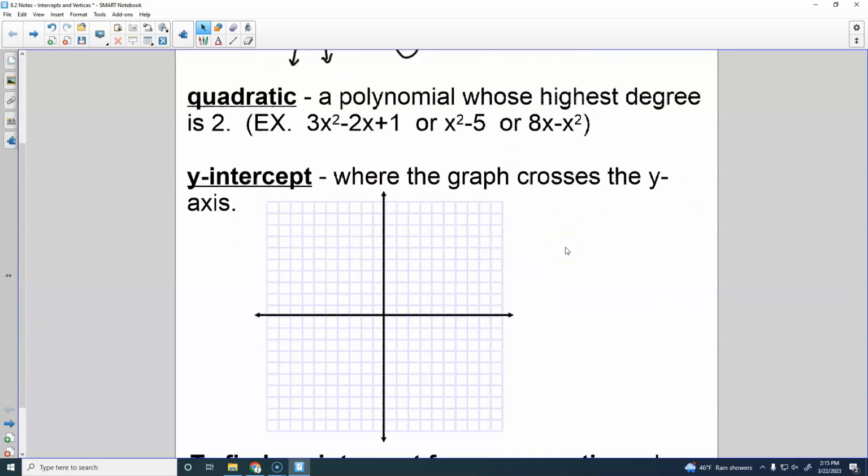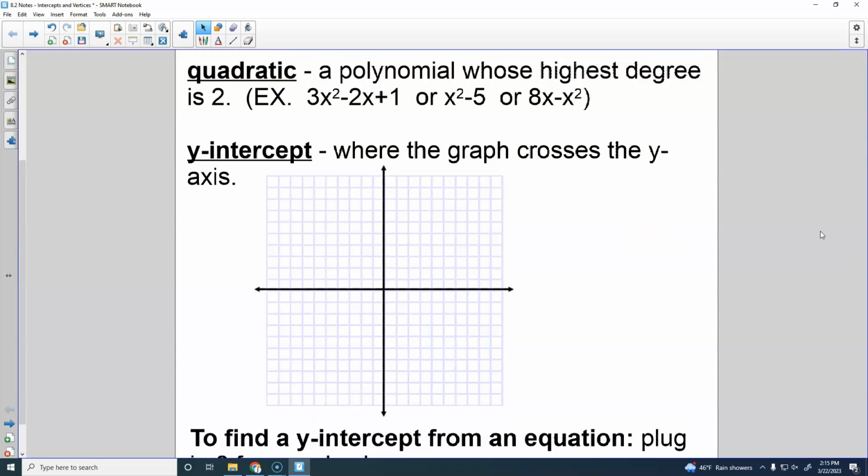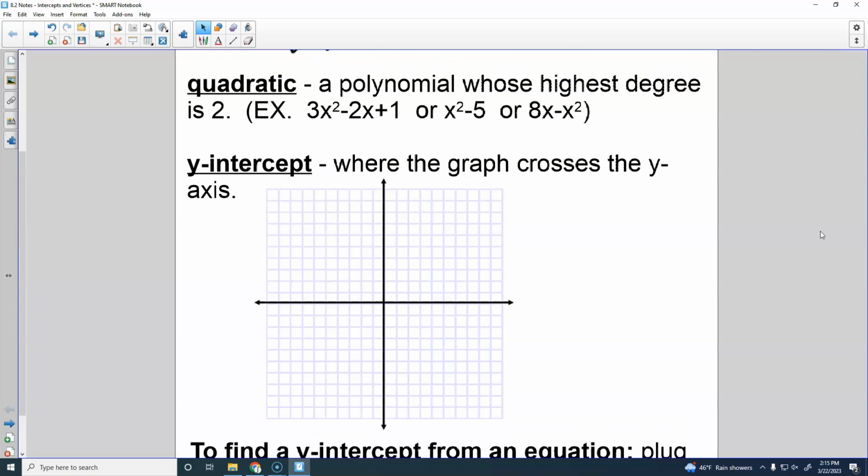All right, so we're going to start first with the y-intercept. The y-intercept is where we cross the y-axis. If we think about graphing just a parabola, I'm going to throw a few up here. I could have a parabola that looks something like this.